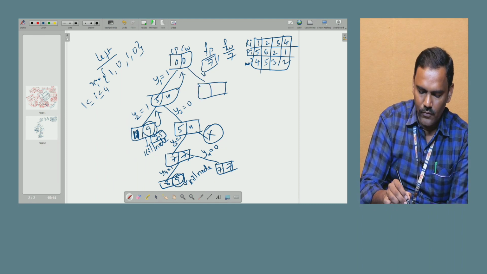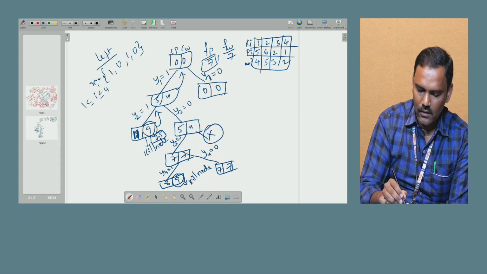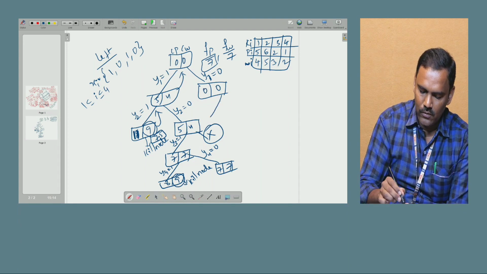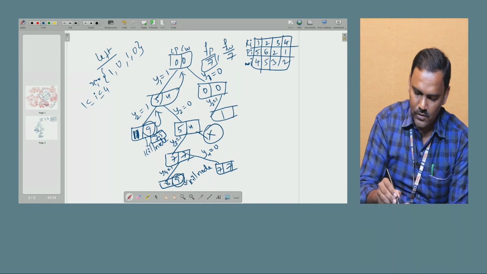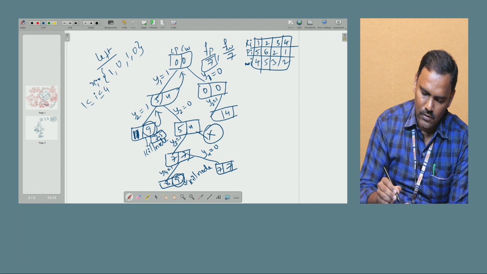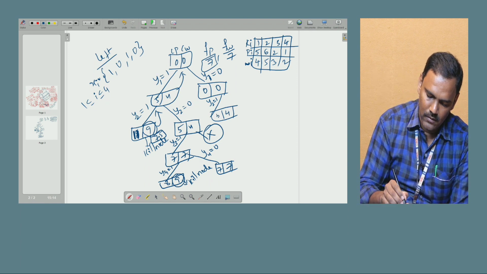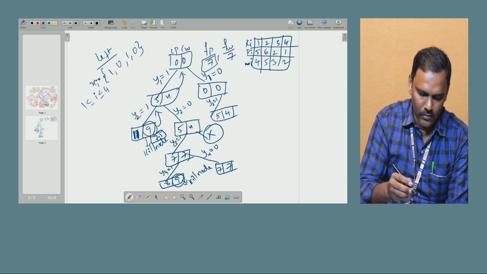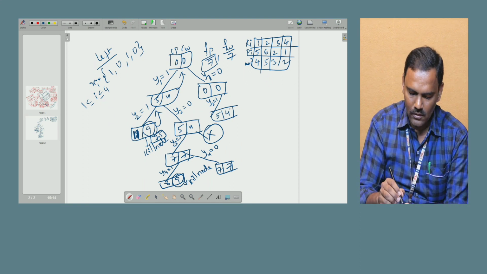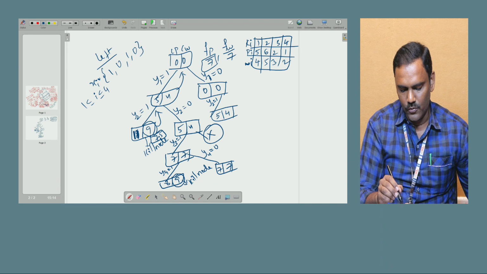Now we will take y1 equal to 0 initially, then from here we will go for again the left child y2 equal to 1. Then what you are going to be doing means you are going to be adding this one 4, sorry, we have to take the next process here.